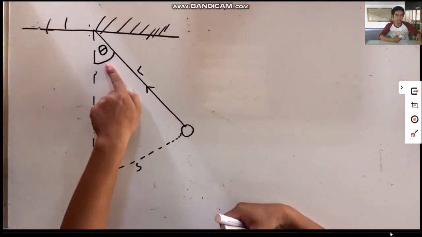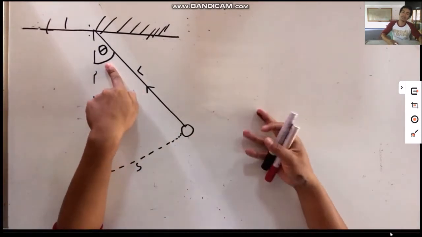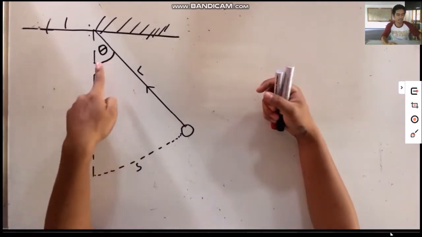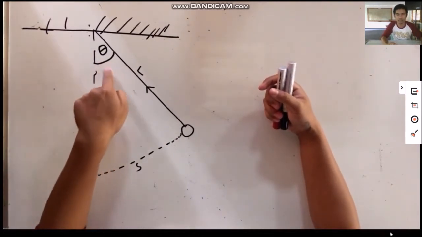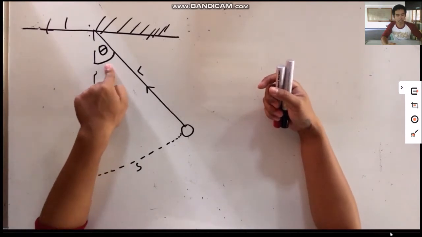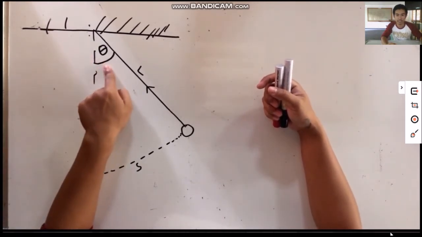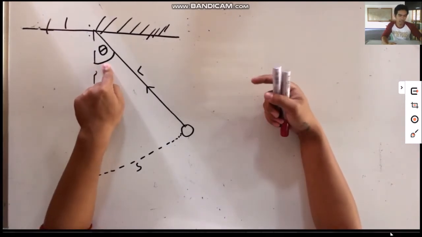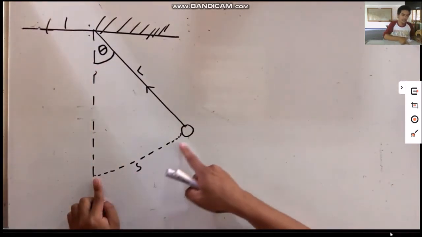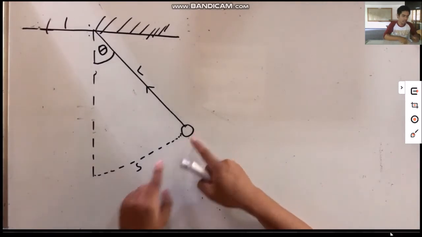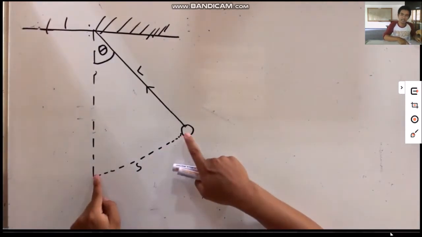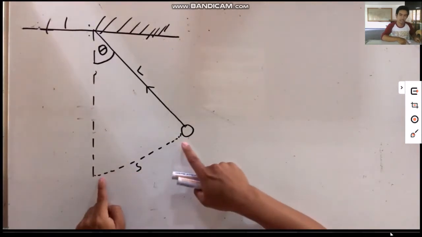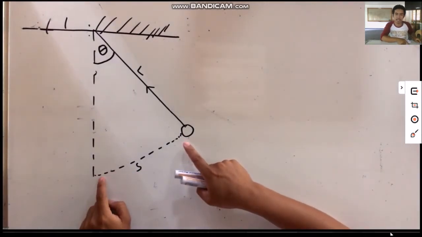Let's consider this theta as a very small angle, where the sine and tangent of this angle will be approximately equal to the angle itself, if the angle is in radians. If this angle is very small, then the arc moved by the bob will be approximately a straight line.